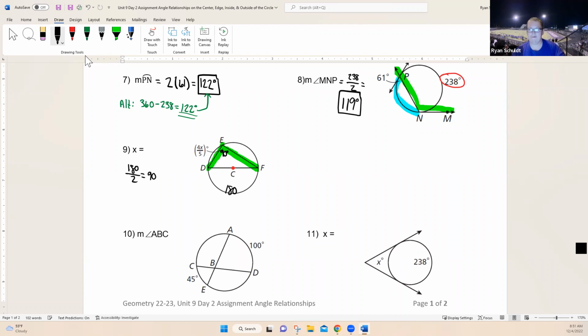So now we set 4x over 5 equal to 90. 4x over 5 equals 90. We can times both sides by 5.